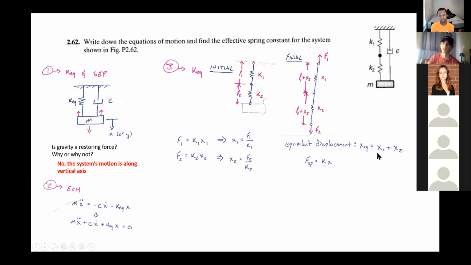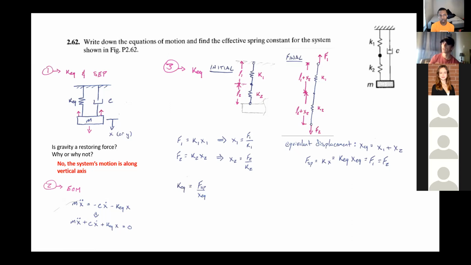The force of the spring we know is K times X. We can also say that's K equivalent times X equivalent of the whole thing. The force of the spring is equal to force 1, and it's also equal to force 2, the one down here, because of Newton's third law: every force is equal and opposite.